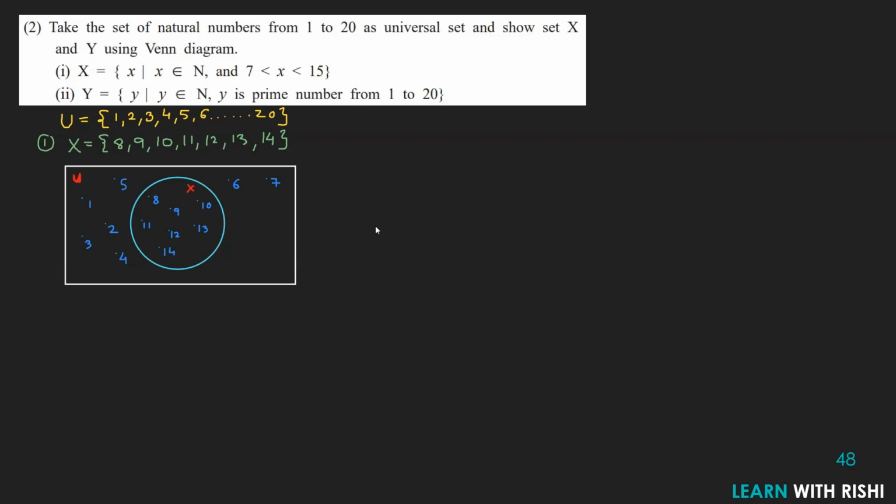Now 8 is already there inside the set X, so it is also included in the universal set. As universal set is the whole rectangle, you can see the whole area. So I will not mention 8, 9, 10, 11, 12, 13, 14 again. Directly will mention 15, 16, 17, 18, 19, and last 20. So this is how our Venn diagram will look.